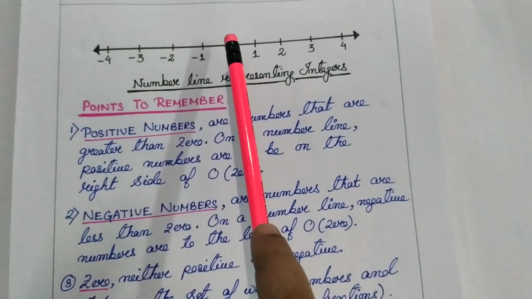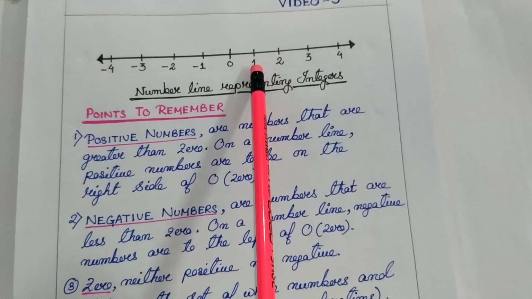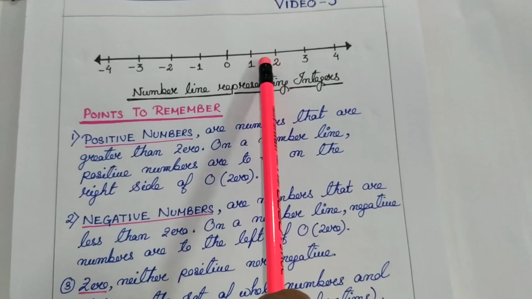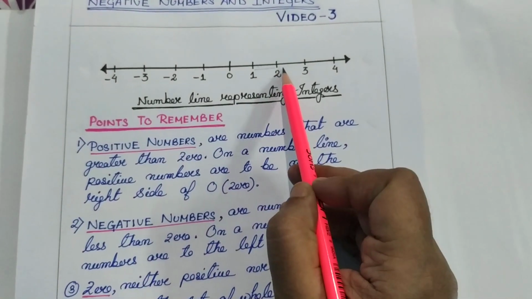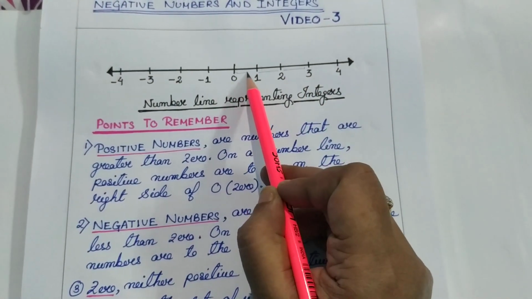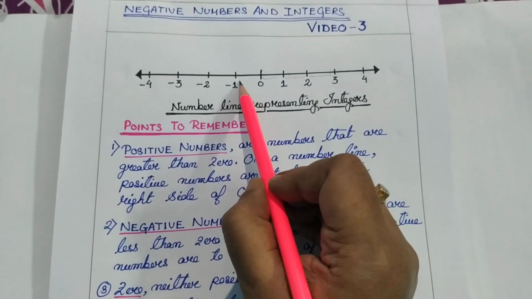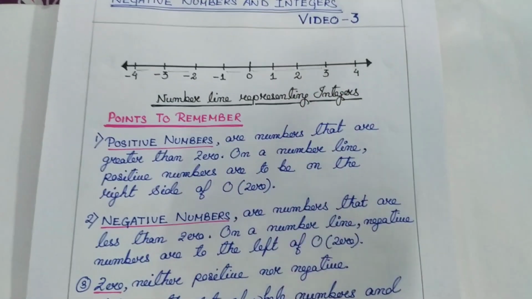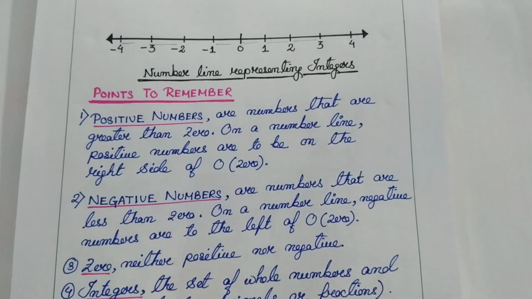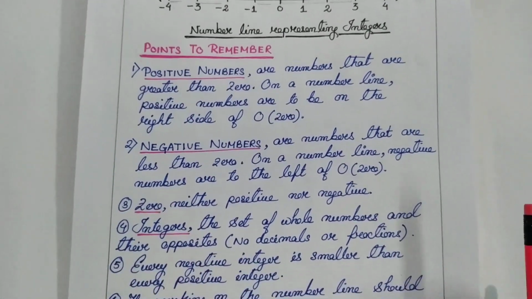That means 0 to 1 this distance, 1 to 2 this distance. These distances should be the same, and so on. They should have equal distances.